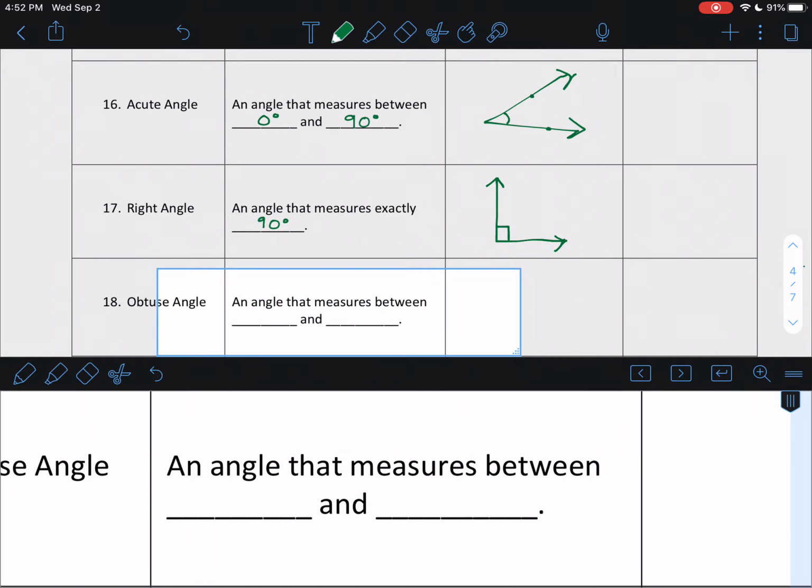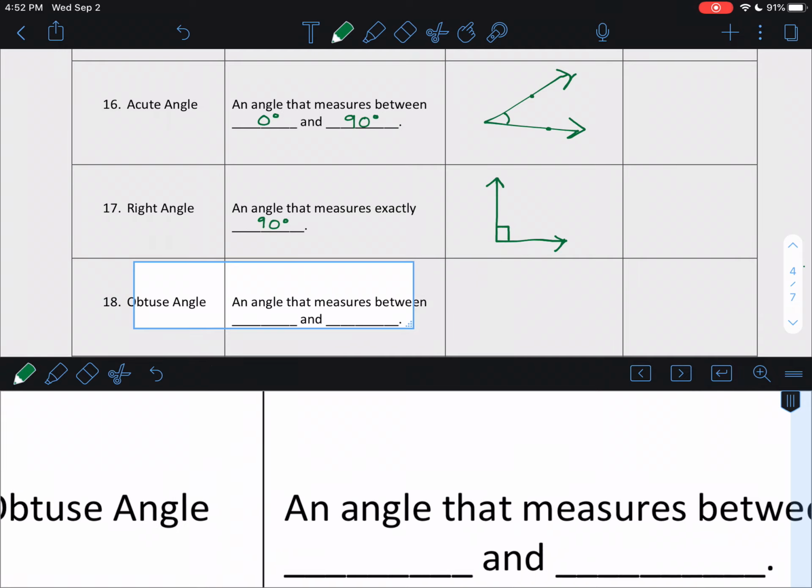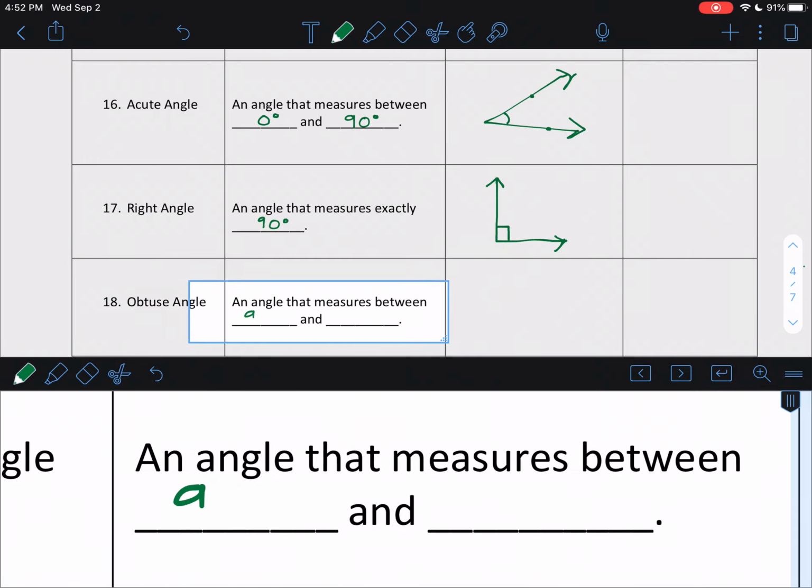And then we have an obtuse angle. And an obtuse angle is an angle that measures between 90 degrees and 180 degrees. So 90 and 180 degrees.